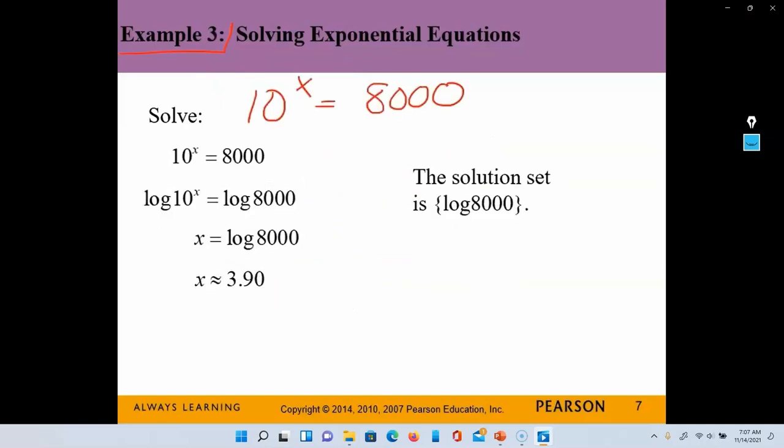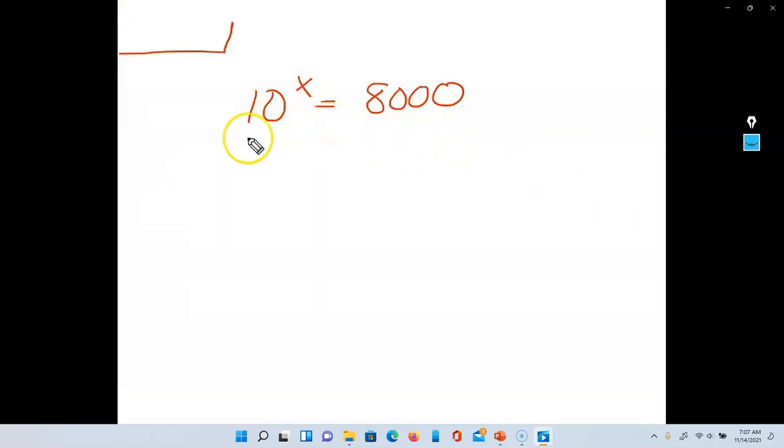Now for example 3, we're going to use base 10, our common log. Go to the whiteboard. Now the log of 10 to the x power equals log of 8,000.